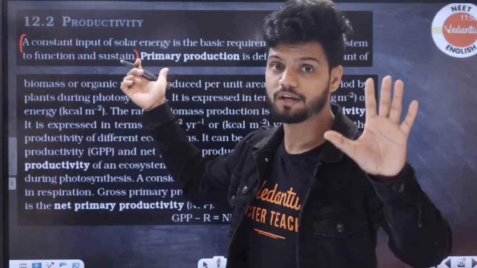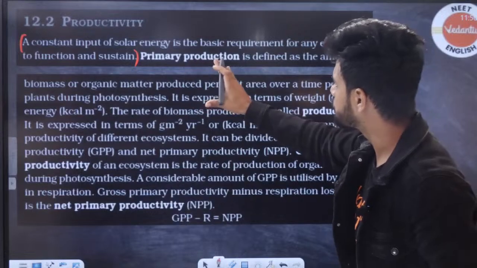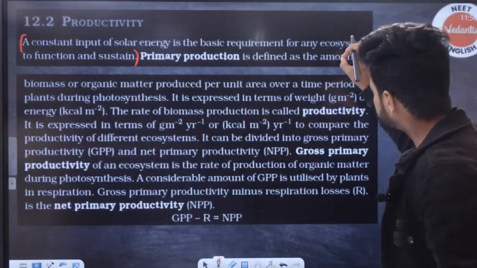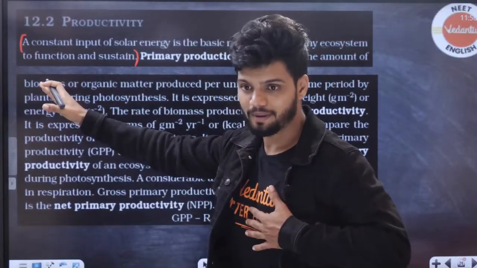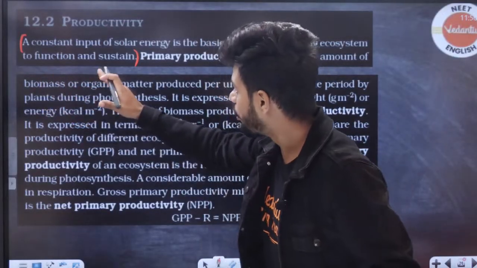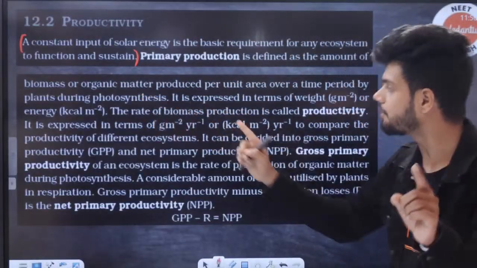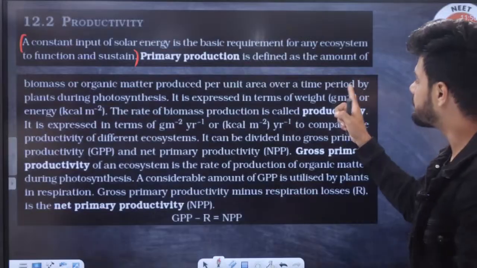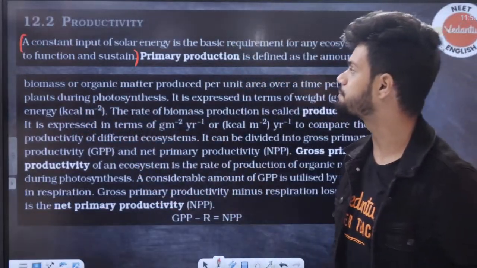Primary production is defined as the amount of biomass or organic matter produced per unit area over a period by plants during photosynthesis.